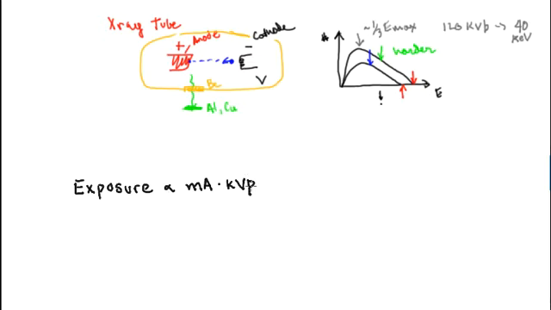It goes as some power, which is a little hard to understand. The exposure at the skin is proportional to kVp squared, but the exposure transmitted through the patient usually scales differently, approximately as kVp to the 5th power, though some authors claim the scaling is closer to kVp to the 4th power. But it depends on the patient.